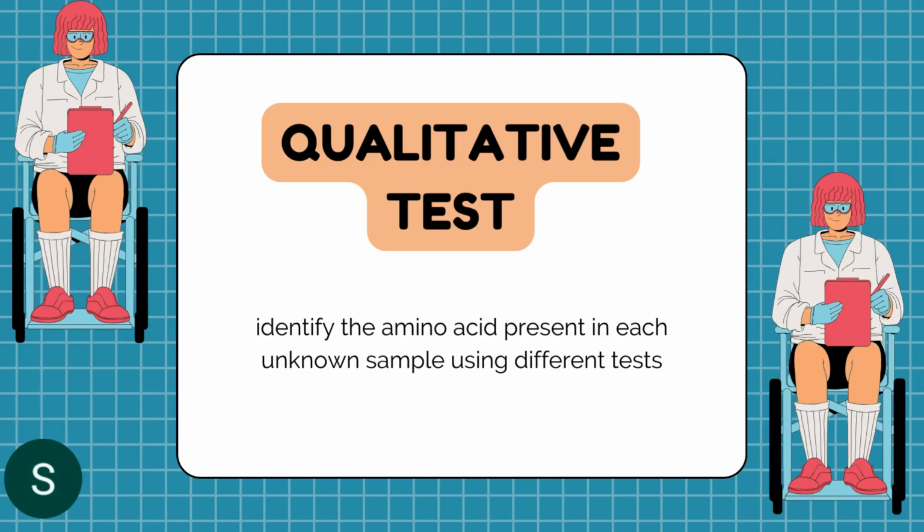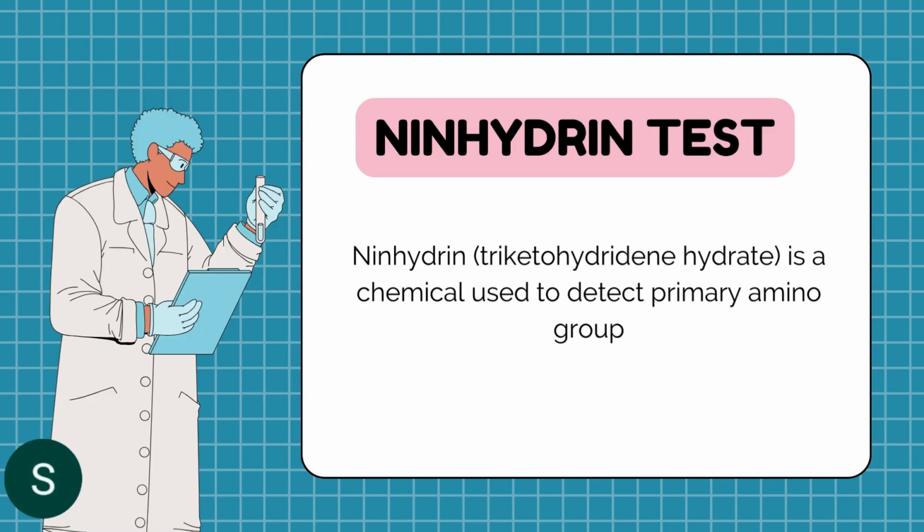Now let's move on to the other qualitative tests. So this identifies the amino acid present in each unknown sample using different tests. Now first we have your ninhydrin test. So your ninhydrin test or your triketohydrindene hydrate is a chemical used to detect your primary amino group.